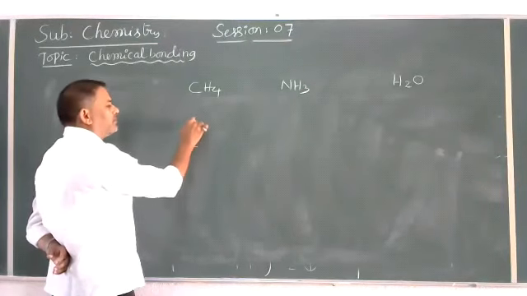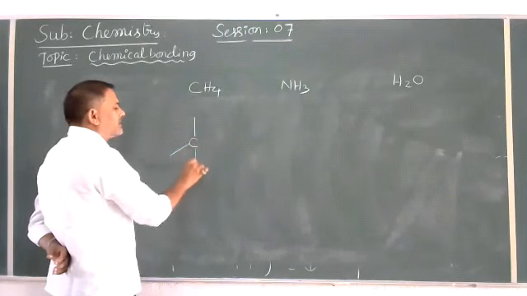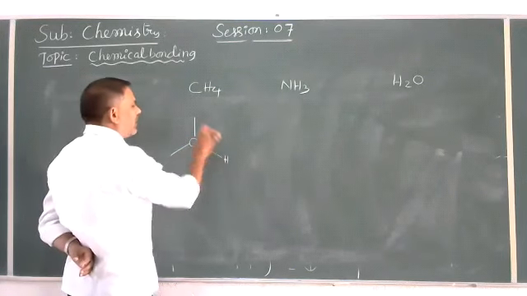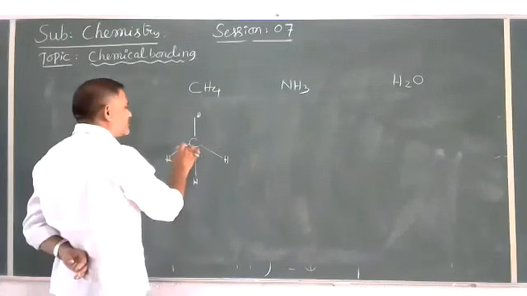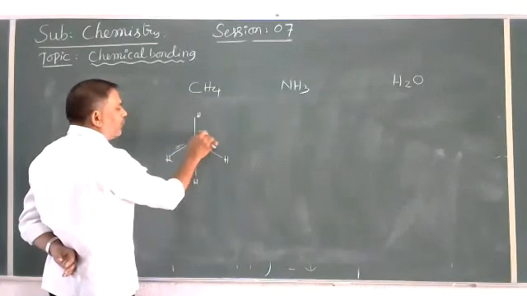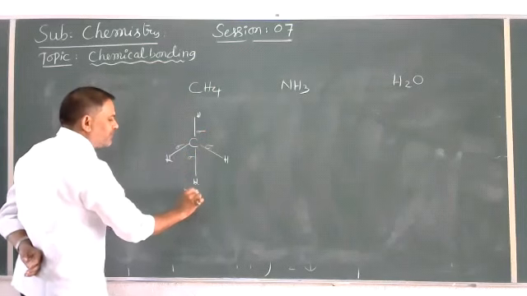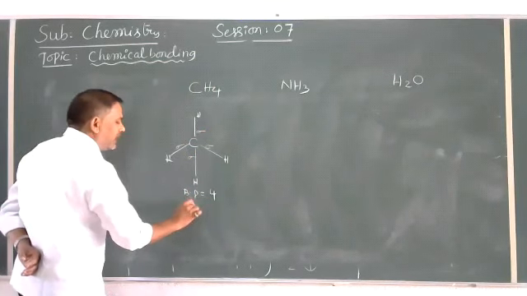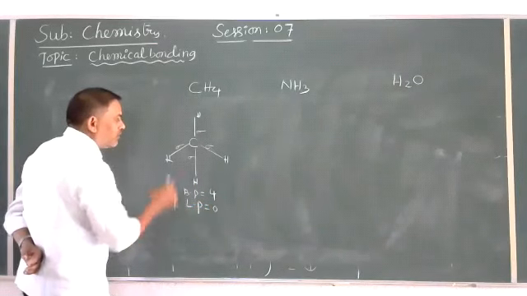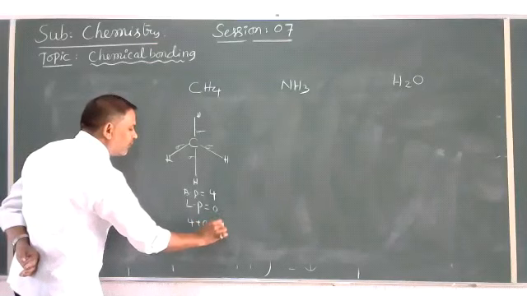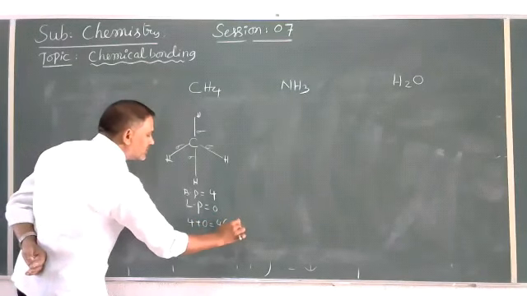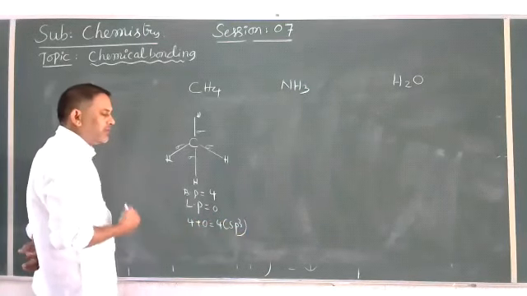Around the carbon atom, 4 hydrogens are bonded, tetrahedrally. The number of sigma bonds is 4. Bond pairs BP are 4, lone pairs LP are 0 for a neutral molecule, so 4 plus 0 equals 4. So its hybridization is sp3.